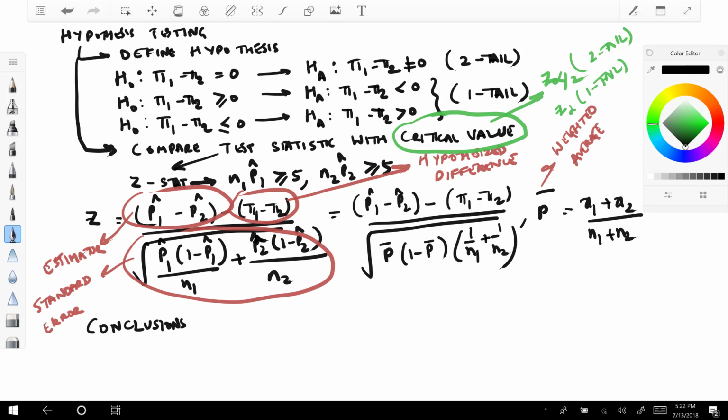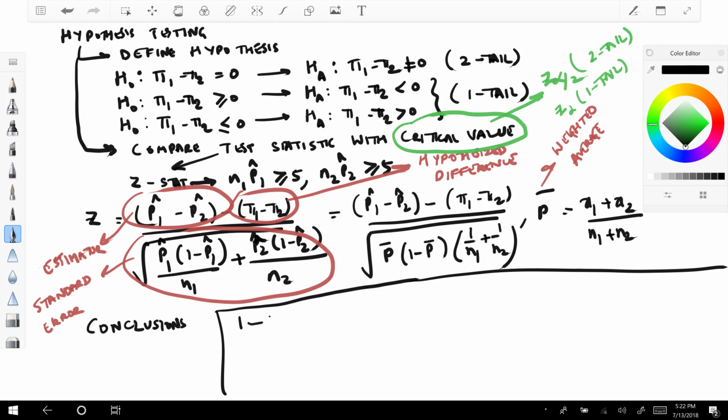So now that we studied hypothesis testing, let's discuss the confidence interval. So 1 minus alpha multiplied by 100 confidence interval.